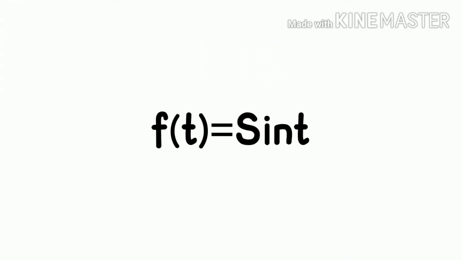When we consider the function f(t) = sin t for t belonging to the open interval (0, π), sin t is a differentiable function on the open interval (0, π) and derivatives of all orders exist there. Hence, it is a smooth function on the open interval (0, π). Similarly, f(t) = cos t is also a smooth function on the open interval (0, π).